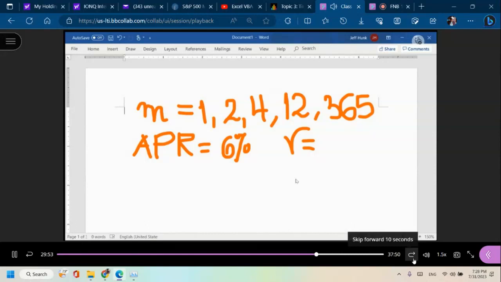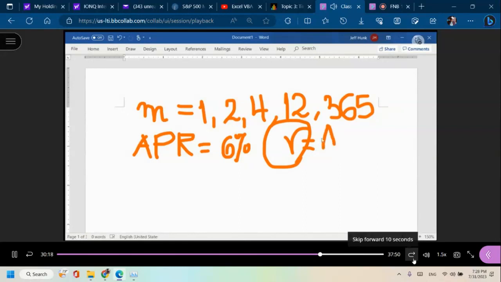In other words, the 3% that you have already earned becomes part of the principal in the second half of the year, and then it earns 3% again. So in that case, if M is 2, then R is 3%.